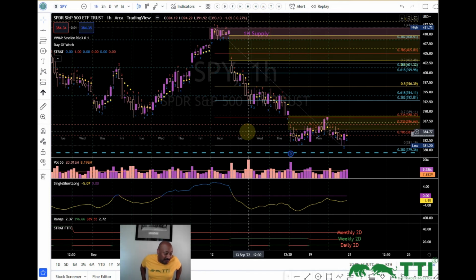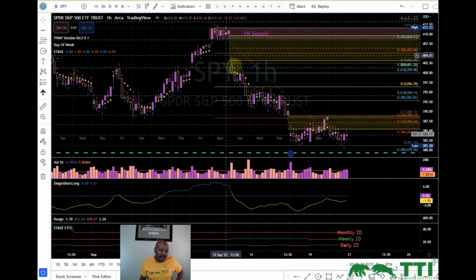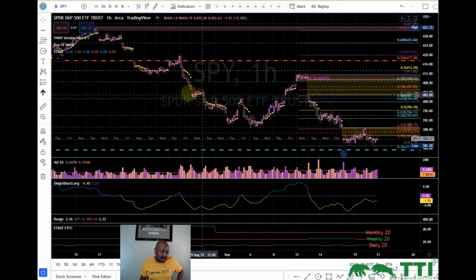Puts give me the same play, but leveraged and no margins. So you keep making lower highs, you can take those positions.